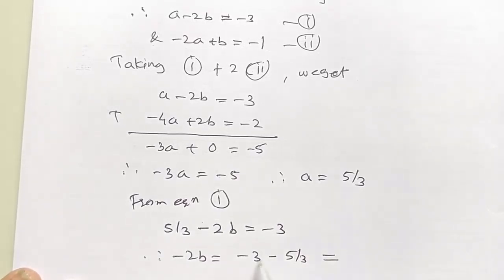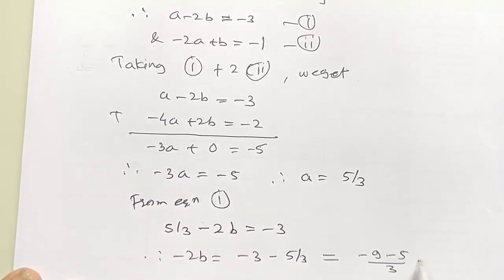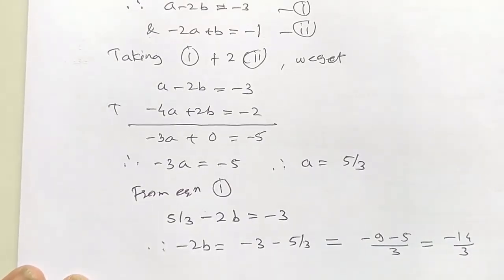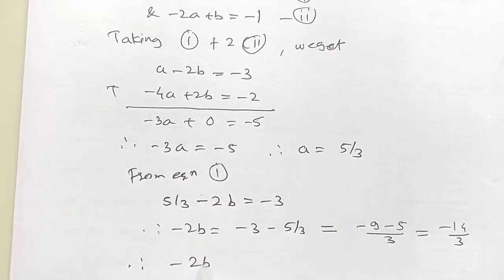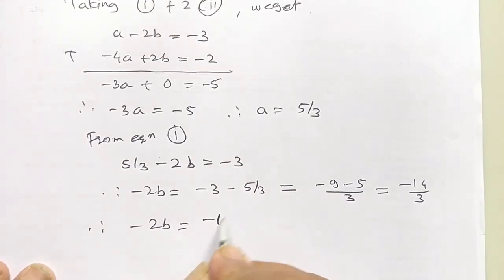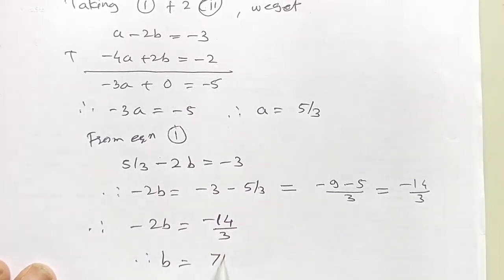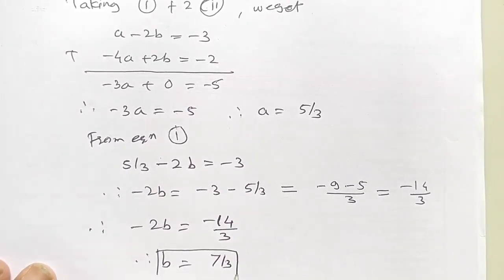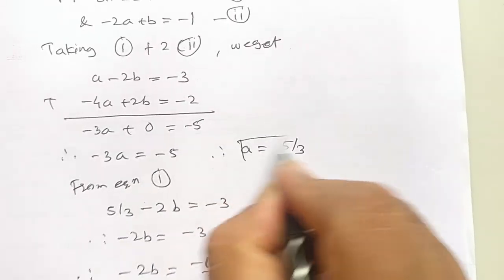It is equal to minus 9 minus 5 by 3. So, this is equal to minus 14 upon 3. Therefore, minus 2B is equal to minus 14 upon 3. So, B is equal to 7 by 3. So, this is the value of B and this is the value of A.